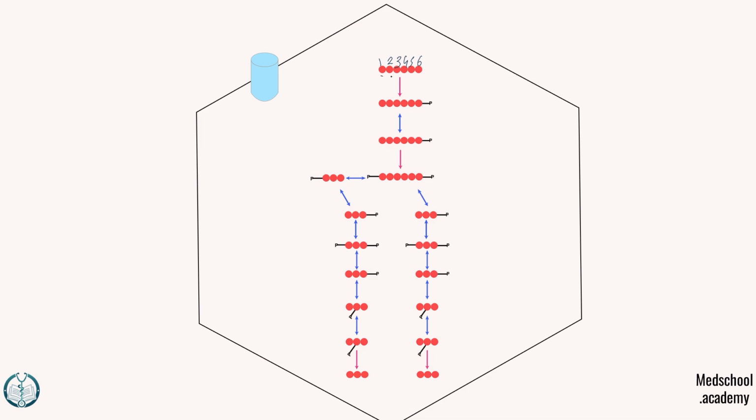So we start with 6 and we end up with 2 different molecules, which are 3 carbon each. So that's the first thing we can notice. And what is this that seems to be on these molecules? This P is phosphate, meaning that a phosphate group is attached to these molecules.